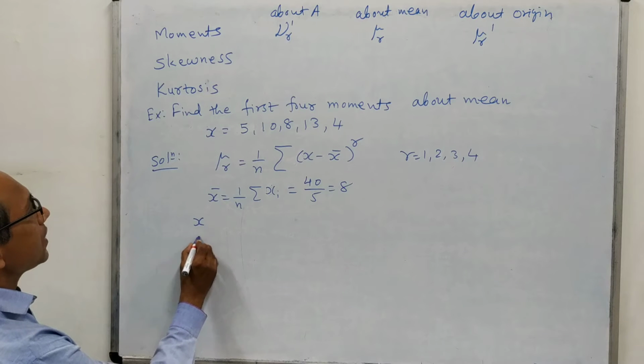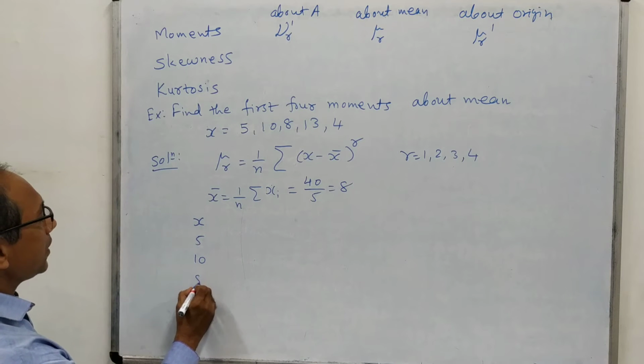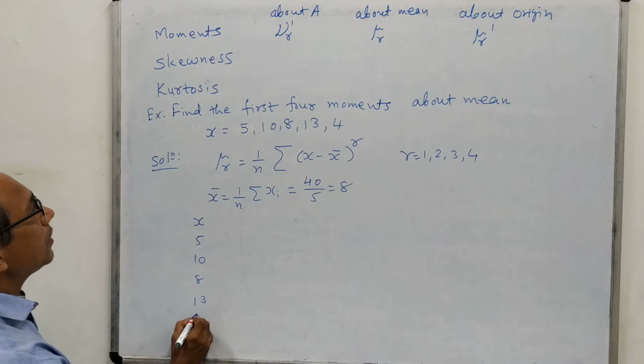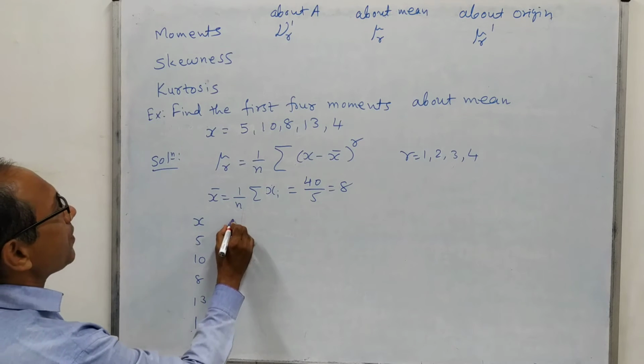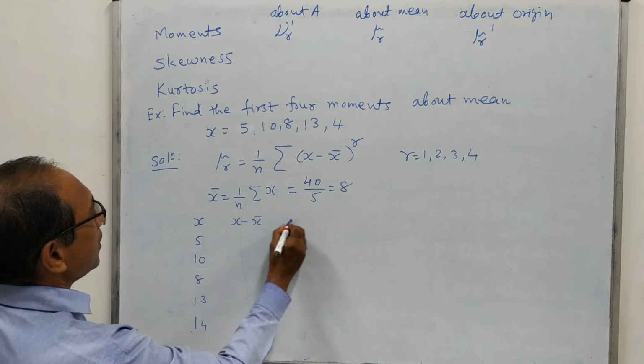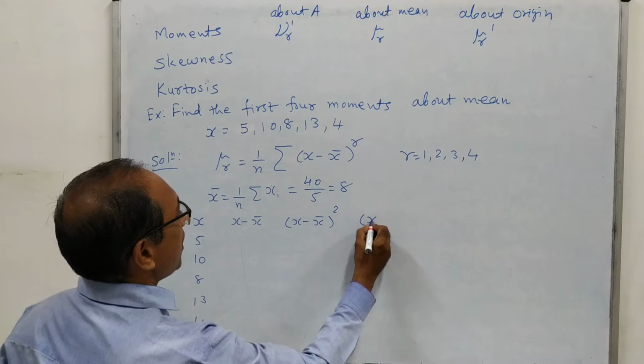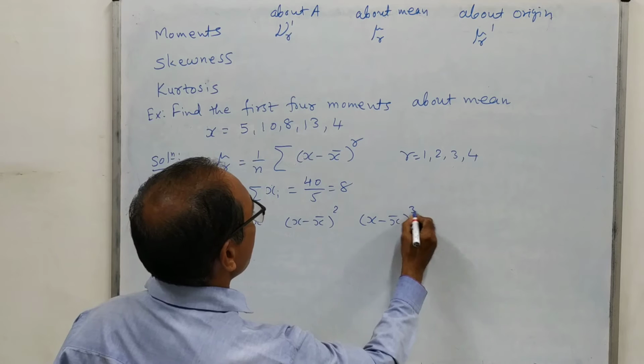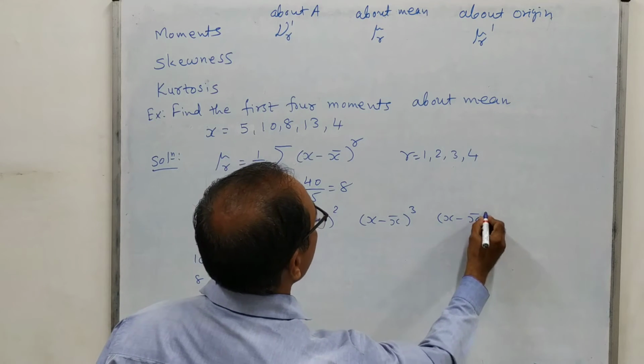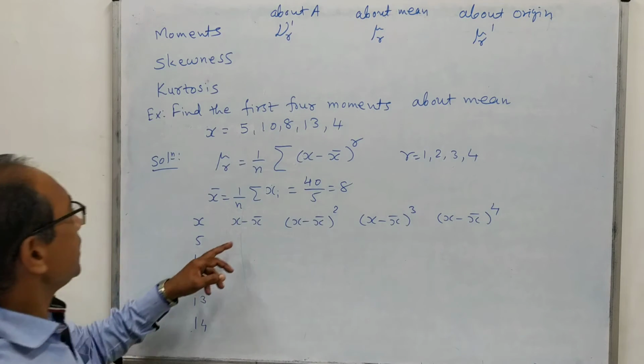Here the values of x are 5, 10, 8, 13 and 14. Then we will find x minus x bar, x minus x bar whole square, x minus x bar whole cube, and x minus x bar whole raised to 4. So it is very easy. X bar is 8.